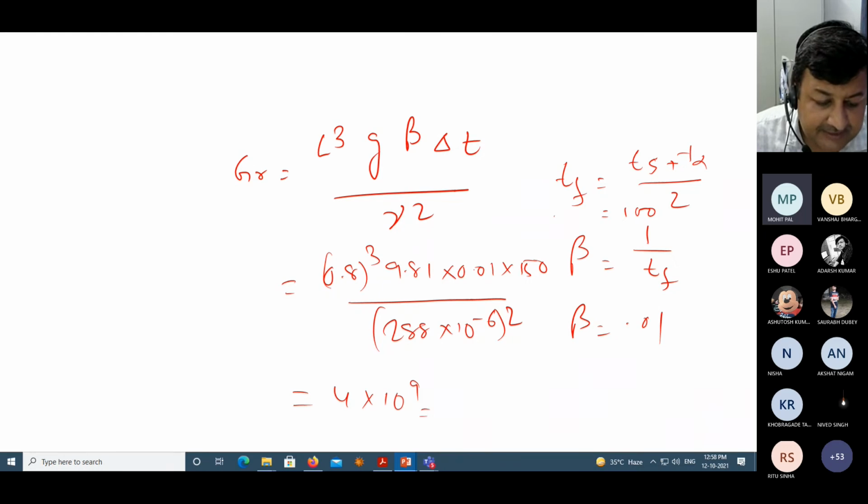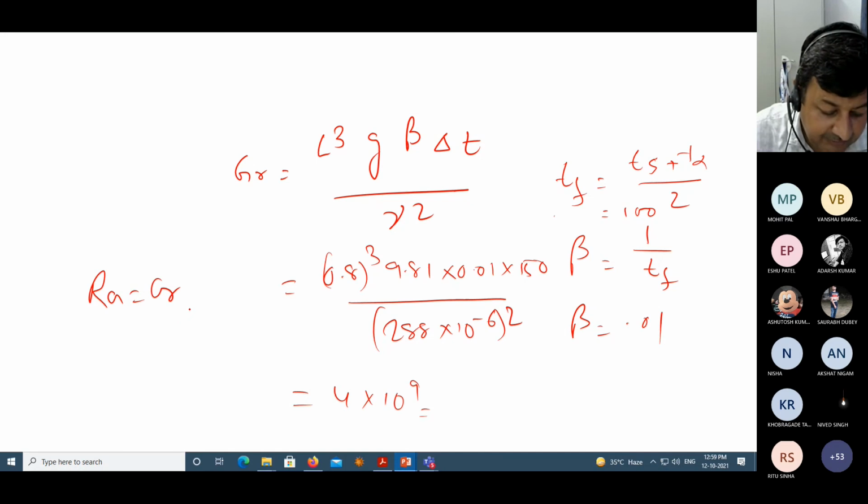Now, what is the Prandtl number? Anyways, the value I have here is 3.77 into 10 to the power 9. Rayleigh number is Grashof number into Prandtl number, right?